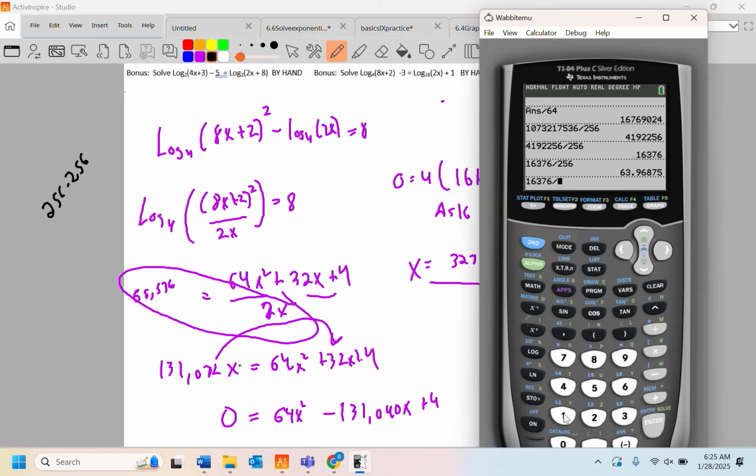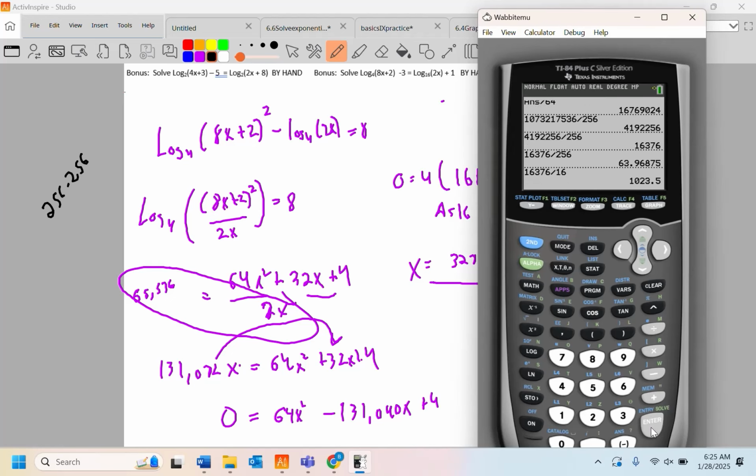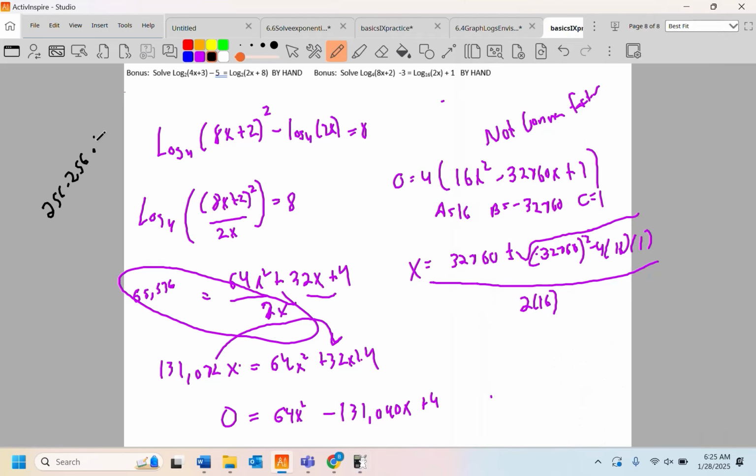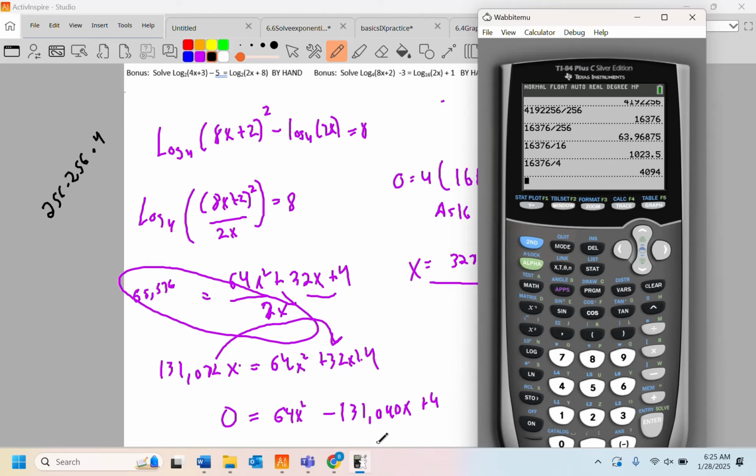See if it's divisible by 16. No. Is it divisible by 4? It is. Cool. We got 4,094. I was really thinking, I don't know, it just seemed like it'd be divisible by 4 again.